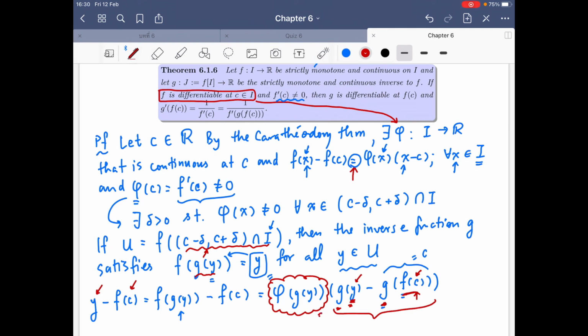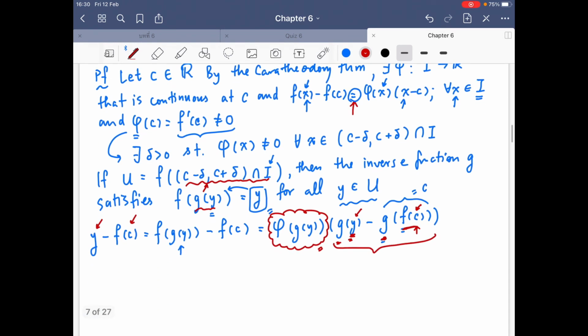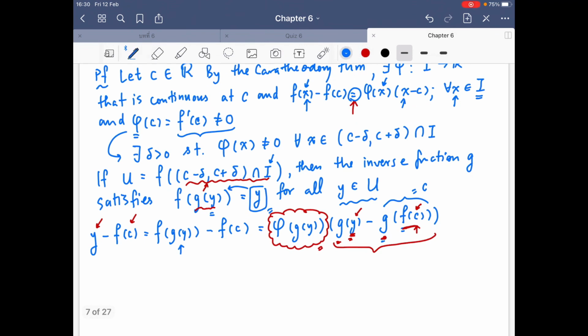This time your continuous function is right here, multiplied with your function values g at y and g at f of c. So if you really need, you can just divide it. So your g(y) minus g at f of c will be 1 over phi of g(y), and then multiplied by y minus f at c.